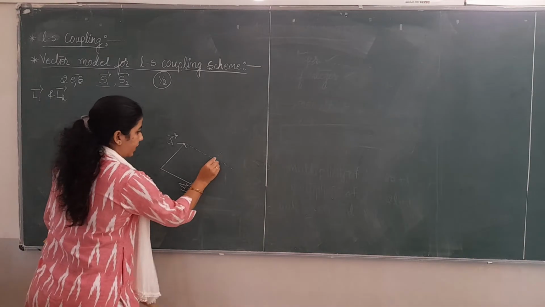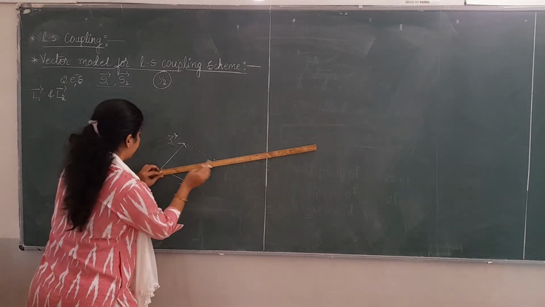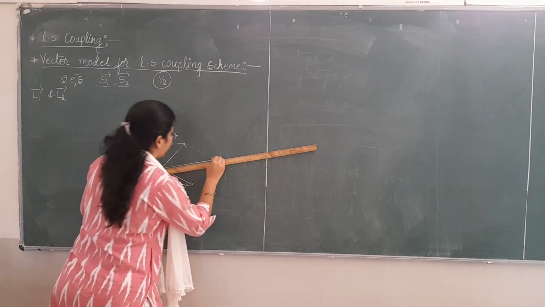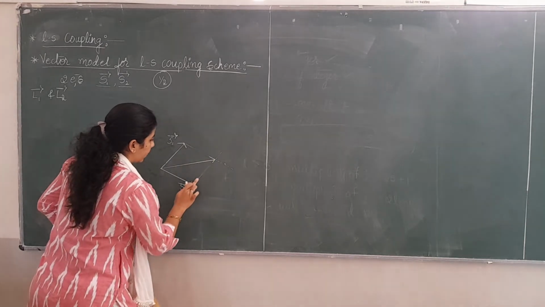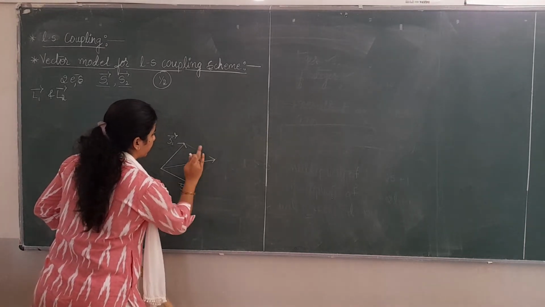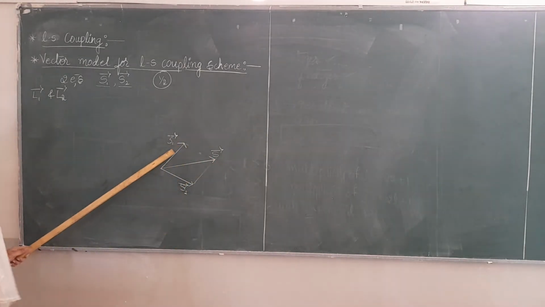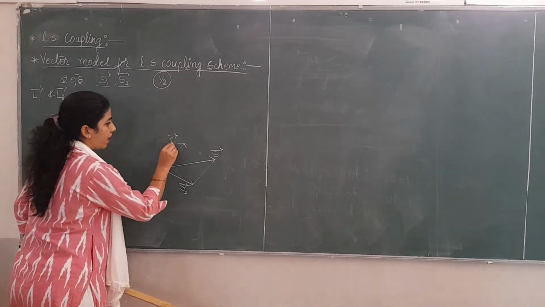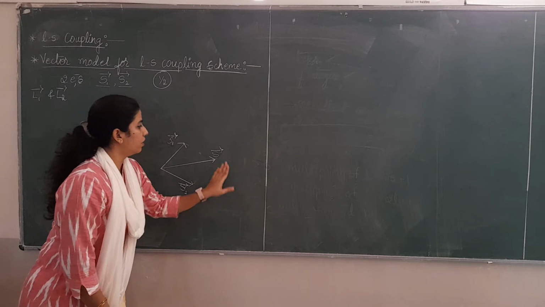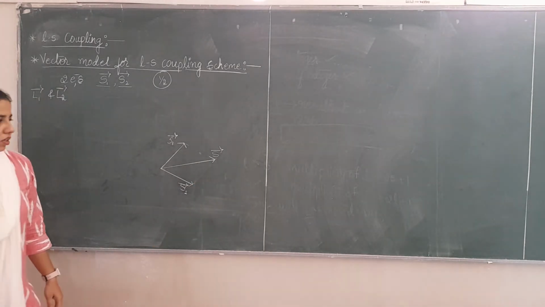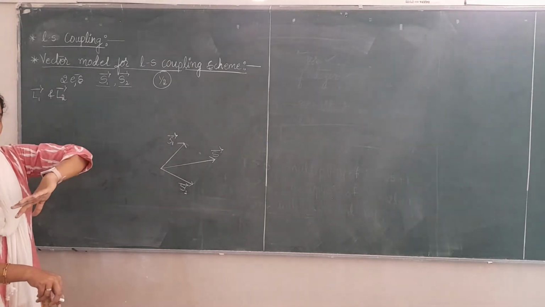This will be the resultant. Then we can take these dotted lines out. This will be S, the resultant of S1 and S2, found using the parallelogram law of vector addition.